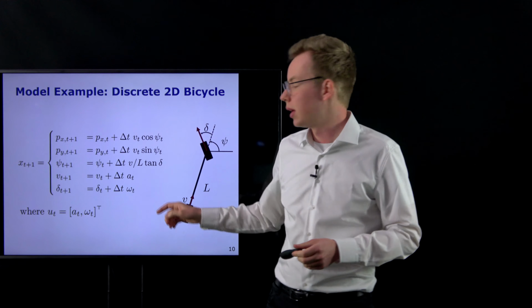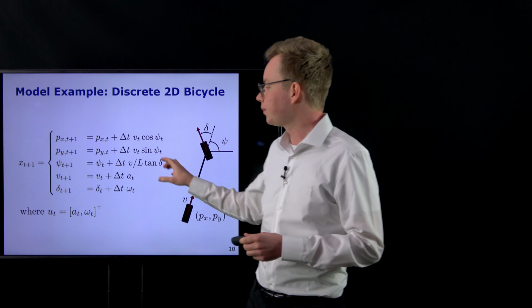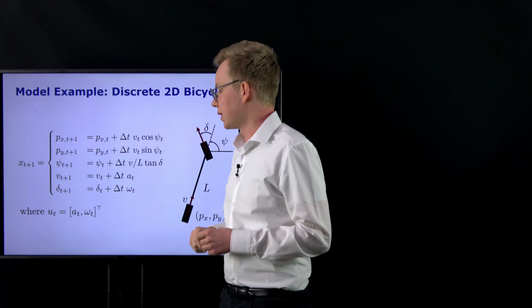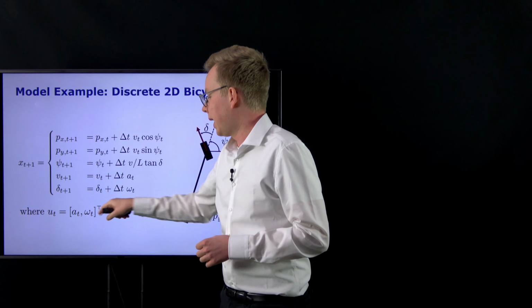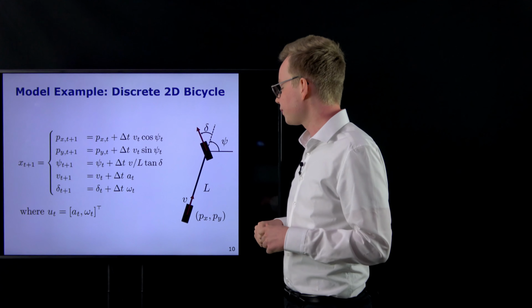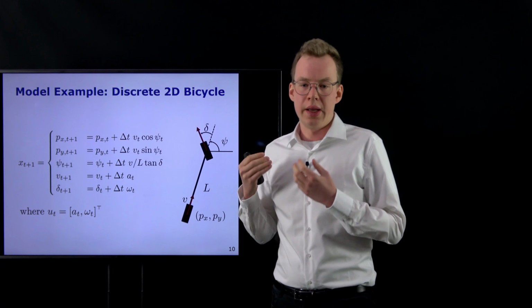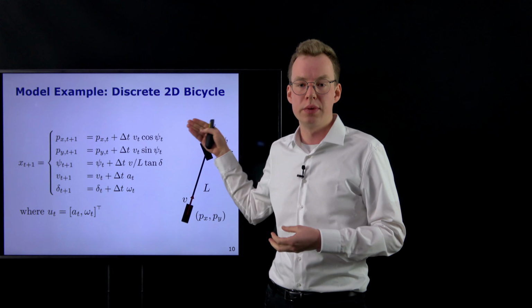And we can write down, for this sort of kinematic abstraction of the car, the state evolution using this equation, where our inputs are the acceleration and the steering rate.